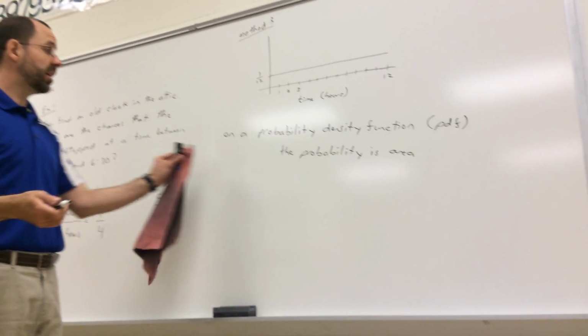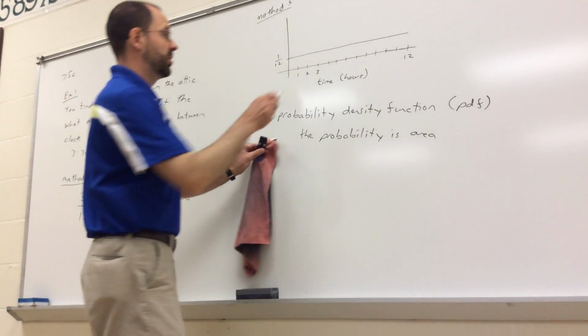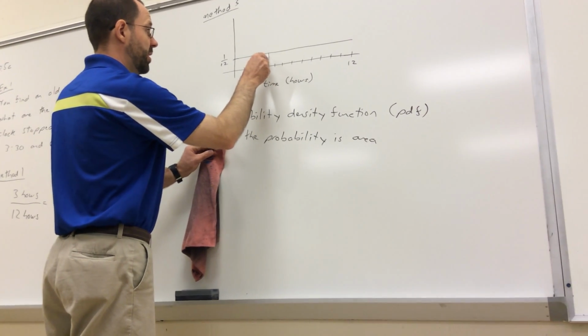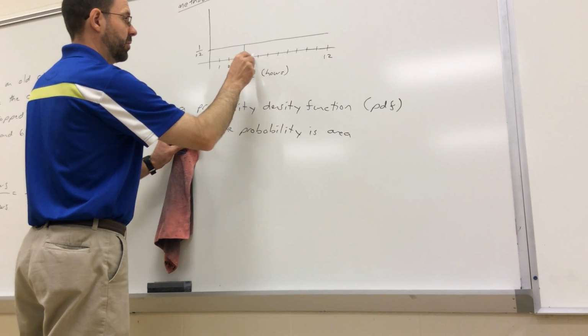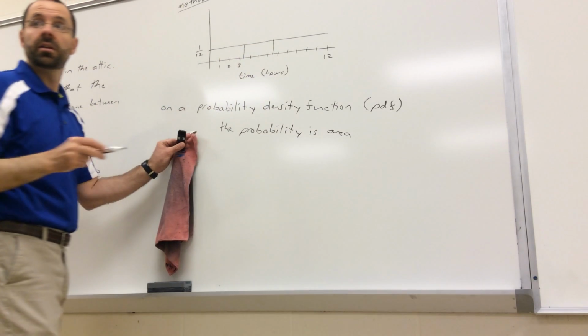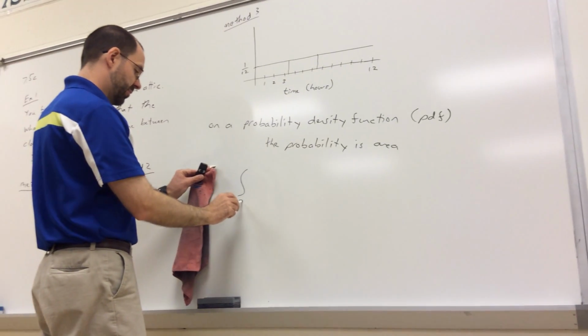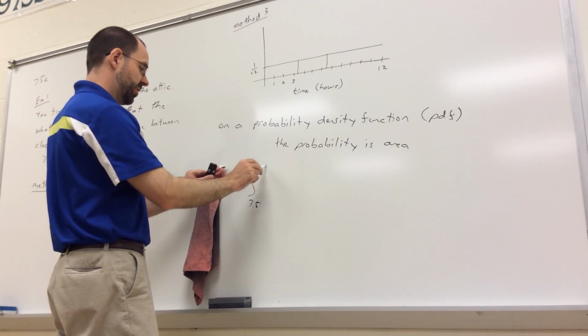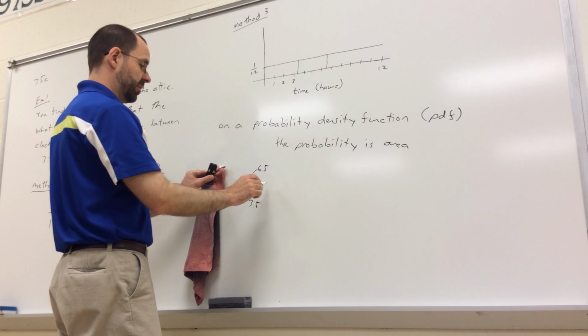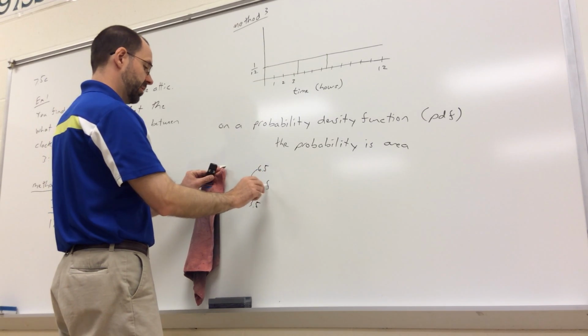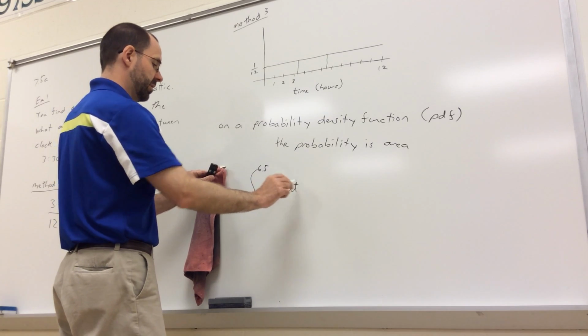Okay, so then, if I want to know what are the chances of the clock stopping between 3:30 and 6:30, I just have to find the area from 3:30 to 6:30 underneath my PDF, which I guess I'll call f of t dt.